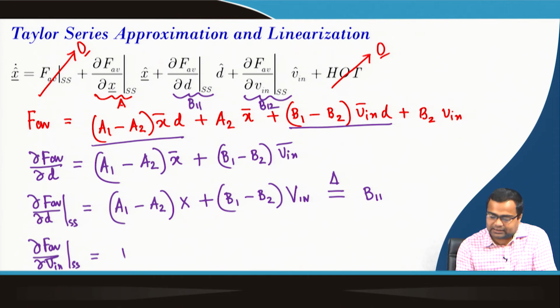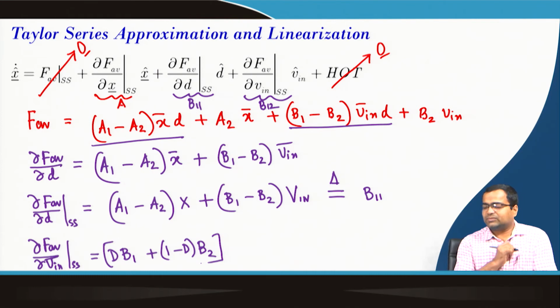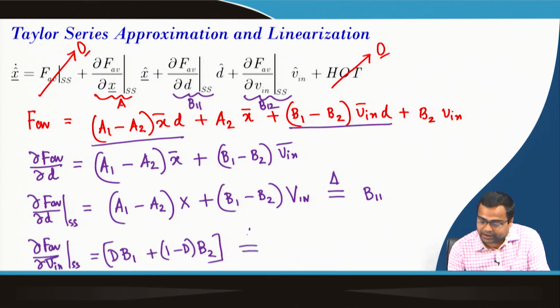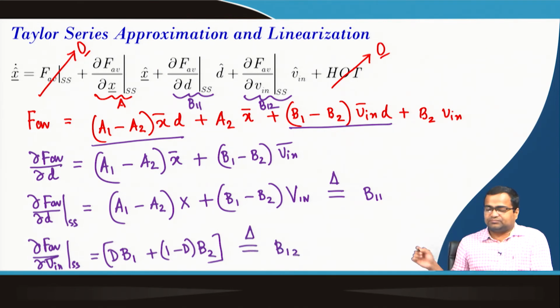That means, we will get d into B1 plus (1 minus d) into B2. This will be multiplied by my Vin, and this is represented by B12. All right.